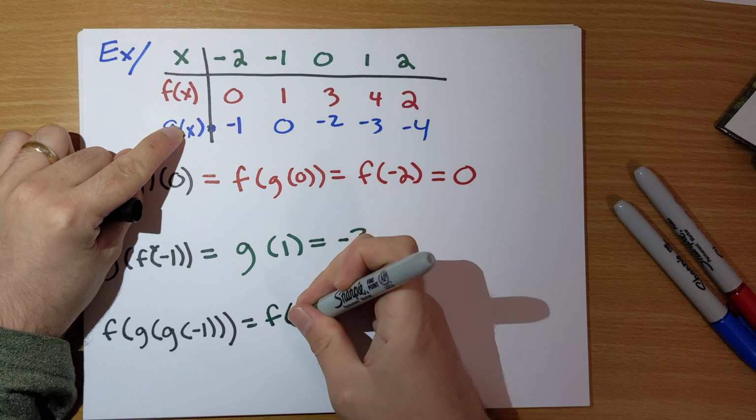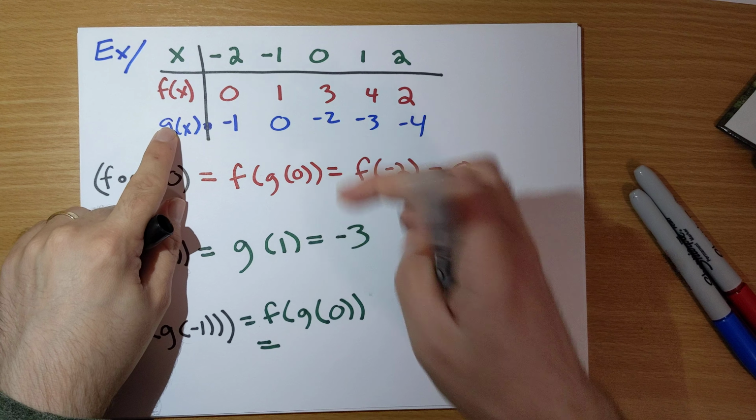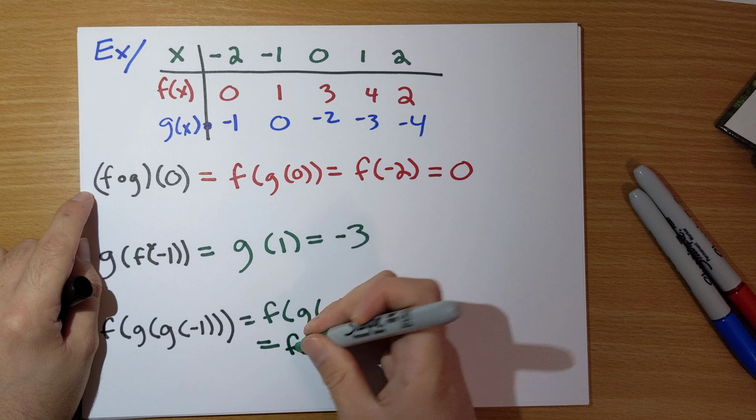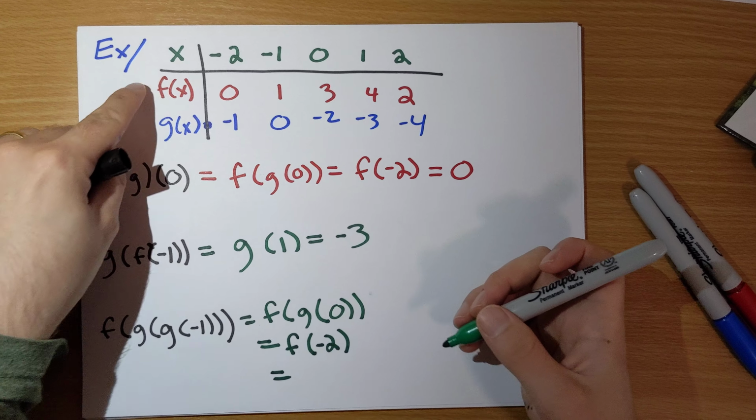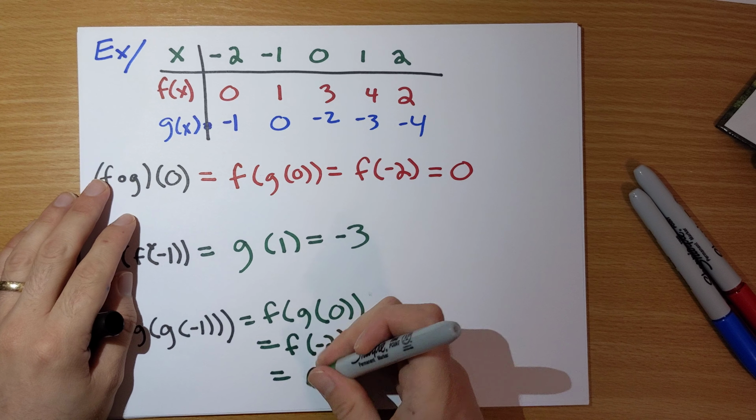So we start off with f of g of 0. What is g of 0? g of 0 is -2. And what is f of -2? It's 0.